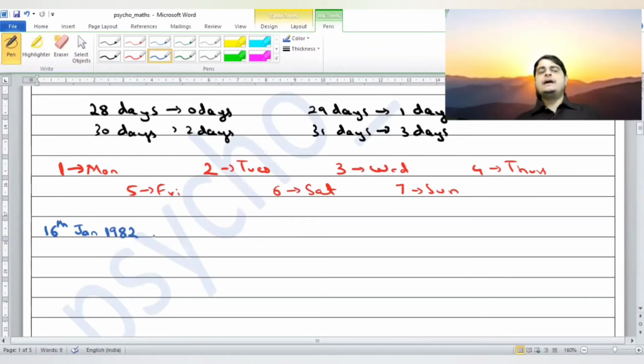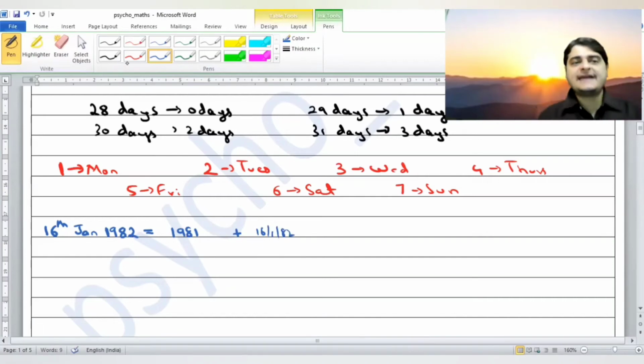So make sure of the 16th Jan 1982. First we need to cover up to 1981. Then we will come on to 16th Jan of the year 82. First let us cover till the year 1981. Now till the year 1981, see 1980.